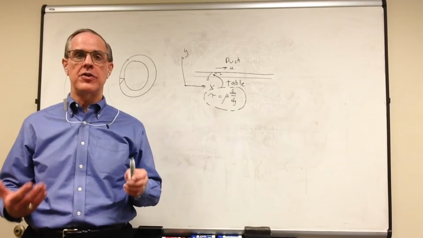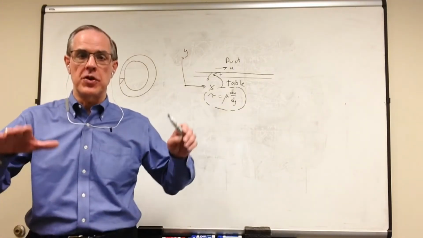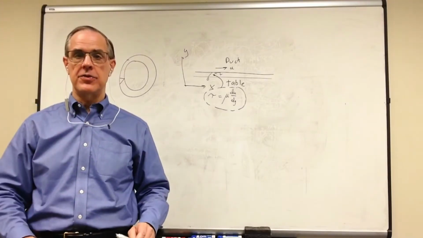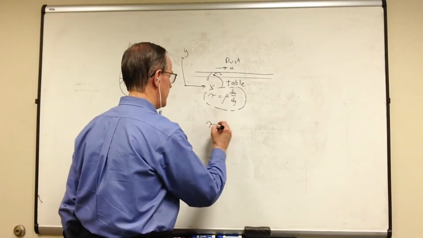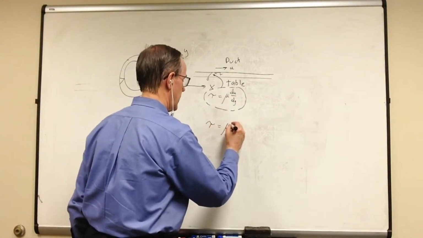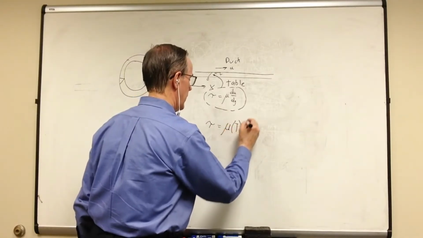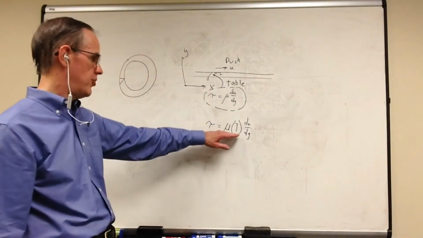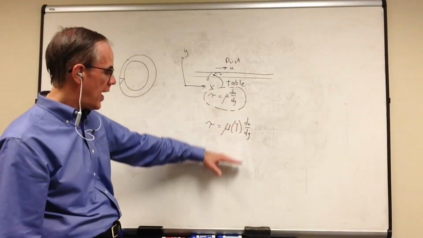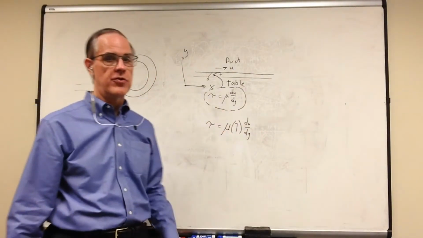Generally speaking, as the temperature of a fluid goes up, its viscosity goes down. So we probably need to rewrite this at a certain temperature, as if this drops, then the shear stresses drop.